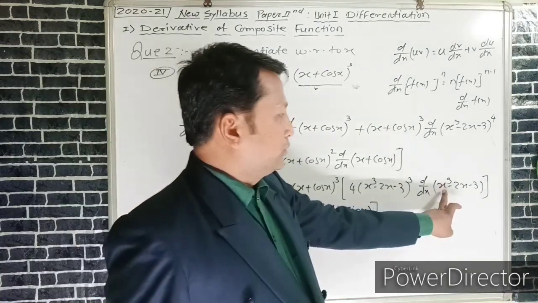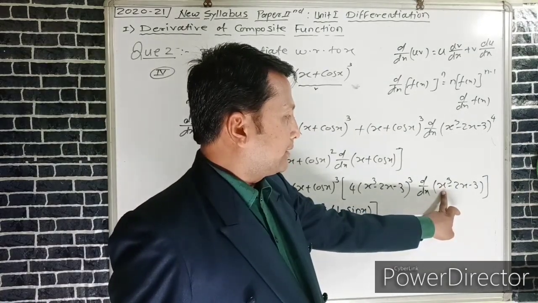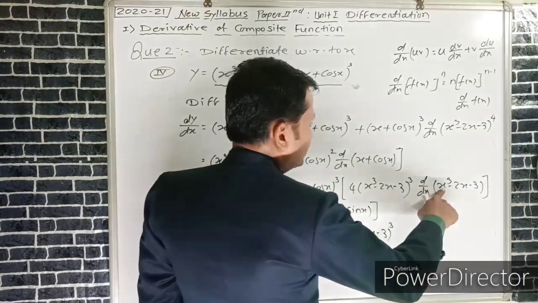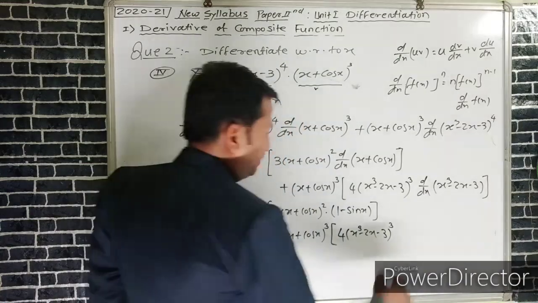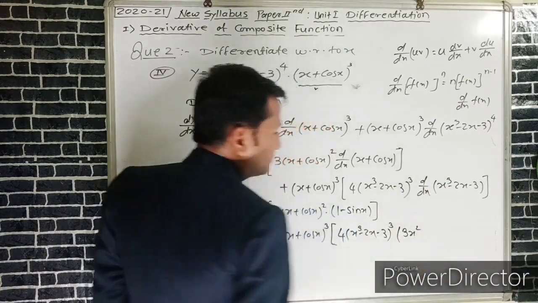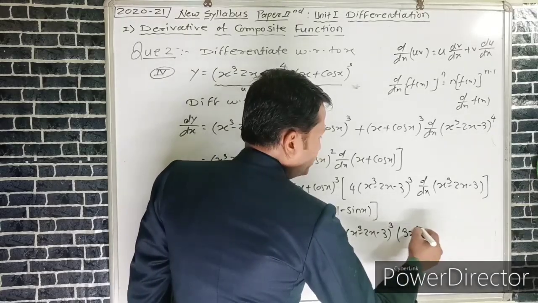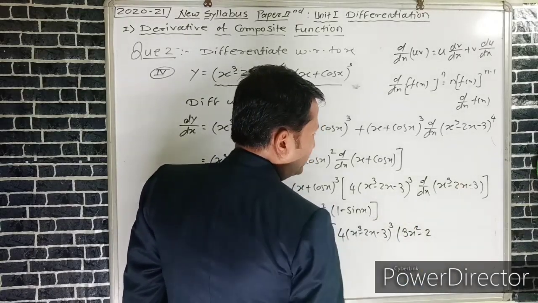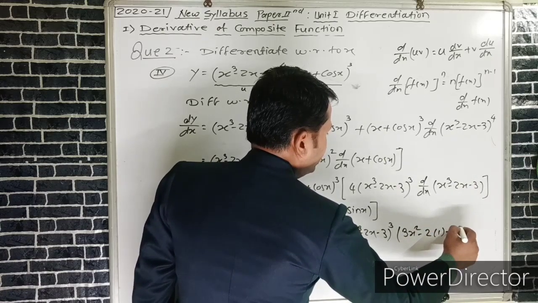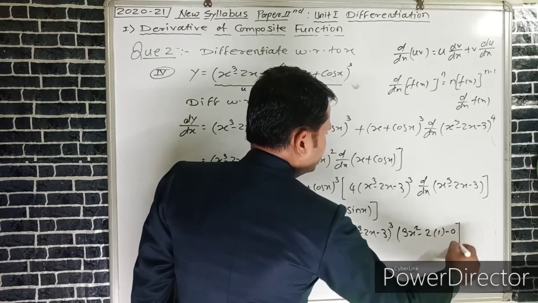By applying the sum rule, we take a separate derivative of each term. The derivative of x^3 is 3x^2, 2x gives 2 since the derivative of x is 1, and the derivative of 3, which is a constant, is 0.